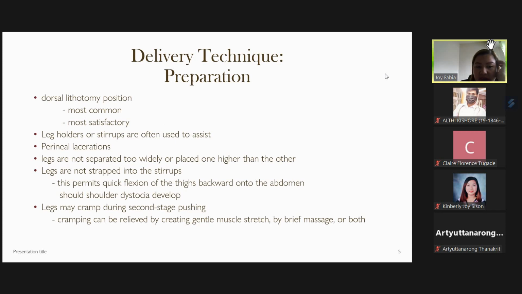Then the legs are not strapped into the stirrups in order to permit a quick flexion of the thighs backward onto the abdomen, and this will also help during a shoulder dystocia event. The legs may also cramp during the second stage of labor or second stage of pushing. So the cramping can be relieved by a gentle muscle stretch or by brief massage or both.